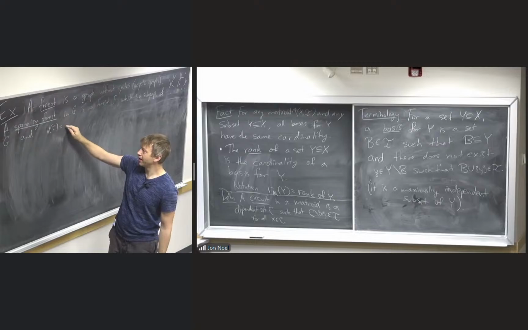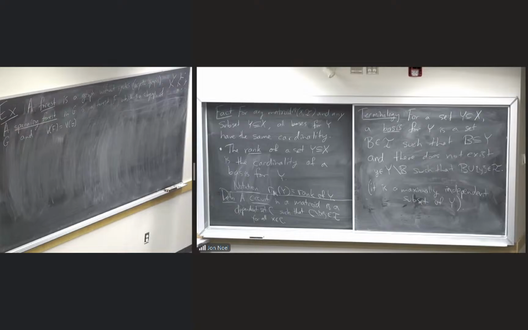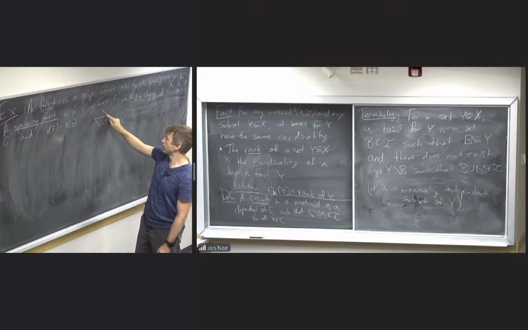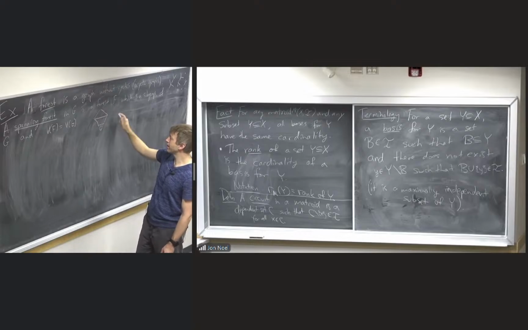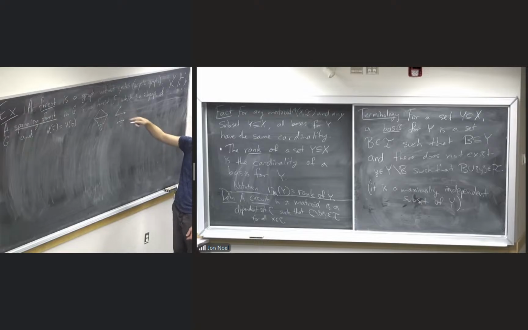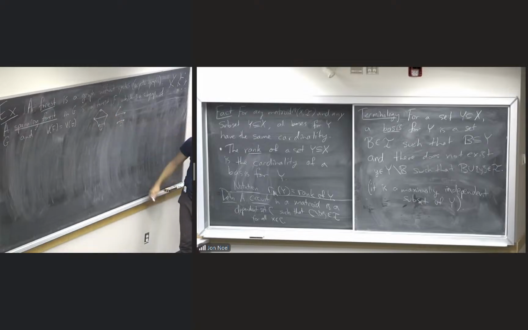So the set of vertices of F is the same as the set of vertices of G. So if this was my graph G, and this was, let's say, F, then this would be a spanning forest of G. Right, but if I took away some vertex, then it would not be a spanning forest. It needs to contain all the vertices of G. Okay.